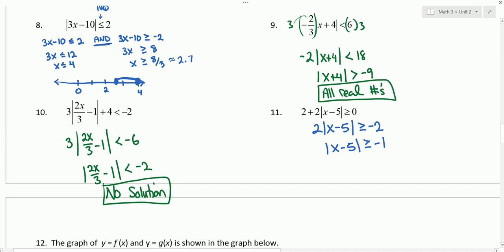Again, think through this problem here. When will an absolute value be greater than or equal to -1? Absolute value is either equal to 0 or it's a positive value. So it will always be greater than -1. So again, we get all real numbers.